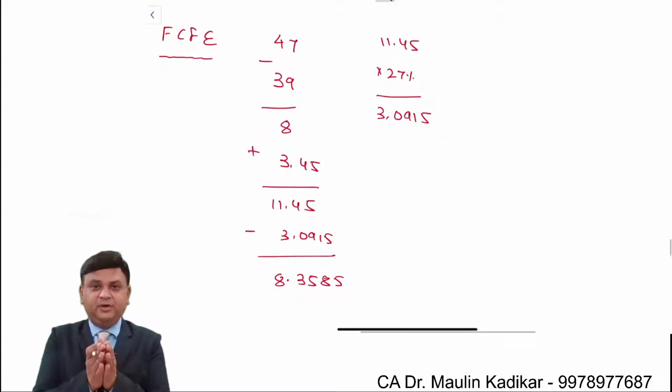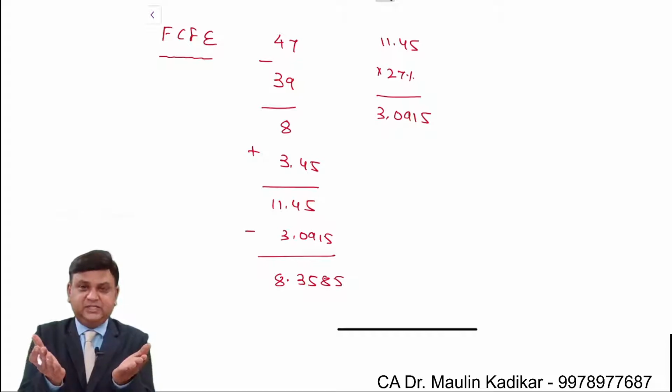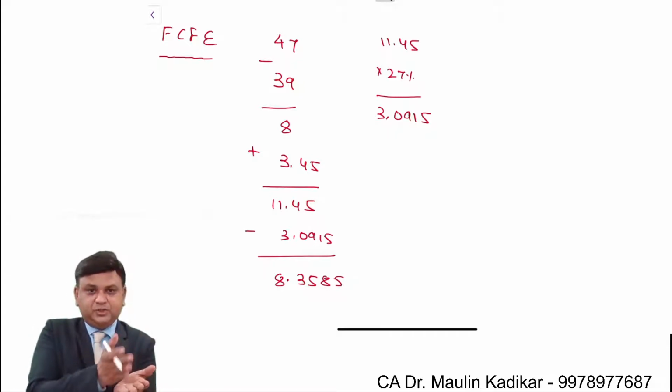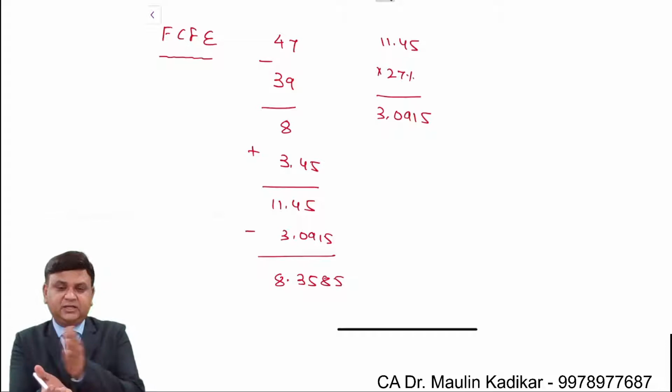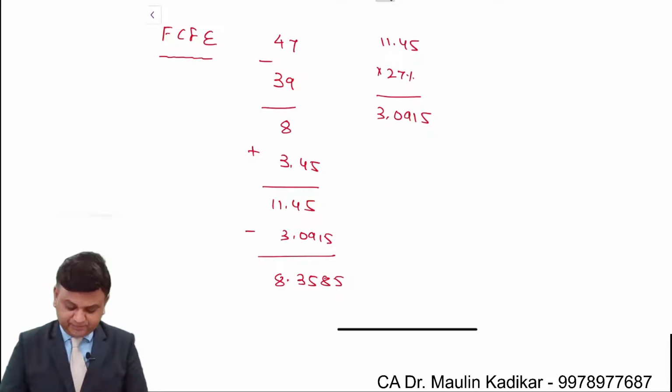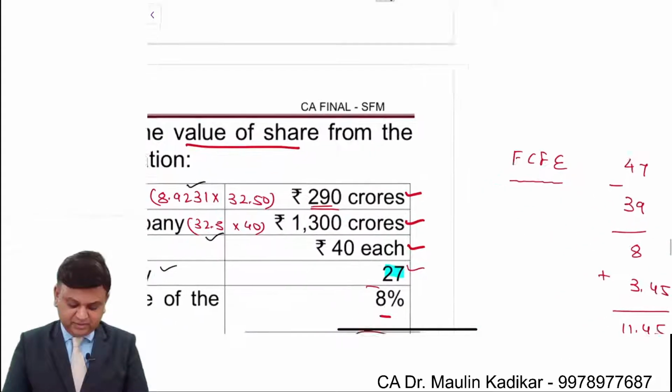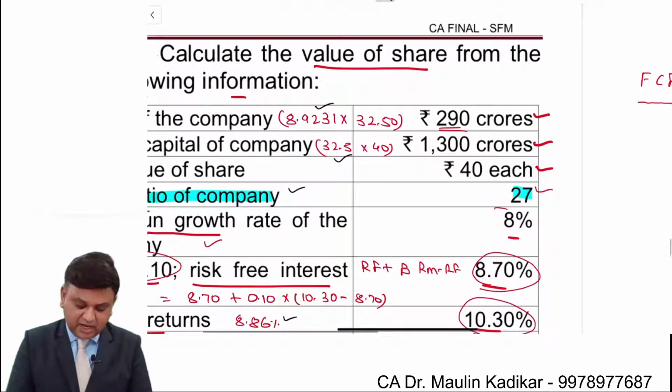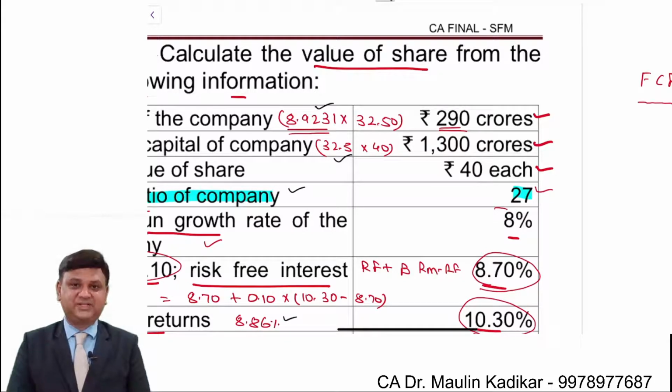So whatever the amount by which we are going to expand the business, in that there will be a proportion of the debt financing and a certain proportion of equity financing. Whatever is the amount of the equity financing, you will finance out of the earning that you have in the business.